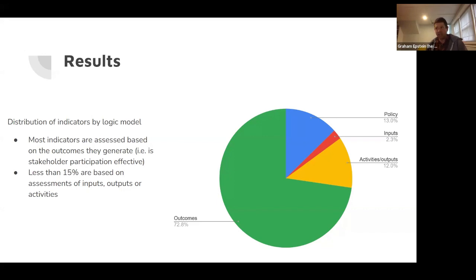Most of our indicators focus on that question, while less than 15% are focused on other stages of the logic model: the policy content, inputs, outputs, or activities. Sorry, less than 15% are inputs, outputs, or activities.